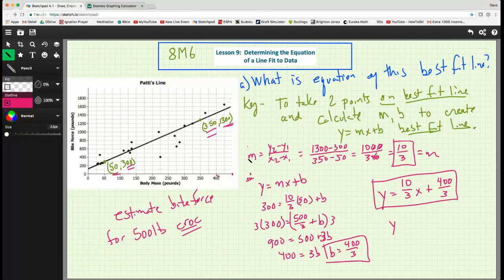We don't know, but we can use our formula to guess for any crocodile way out here, big, heavy ones. So let's go. y equals 10/3 times 500 plus 400 over 3. I'm just going to use a calculator at this point, and I'm going to do this for you.